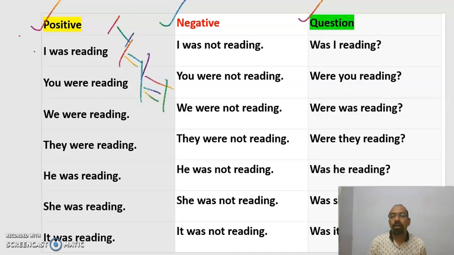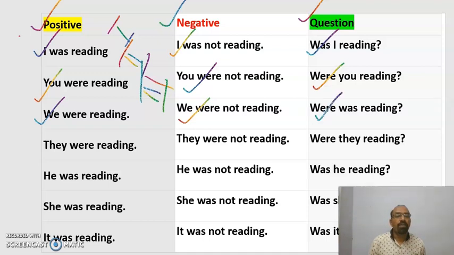Look, I was reading. Negative, I was not reading. Was I reading? That is the question form. You were reading. You were not reading. Were you reading? We were reading. We were not reading. Were we reading?